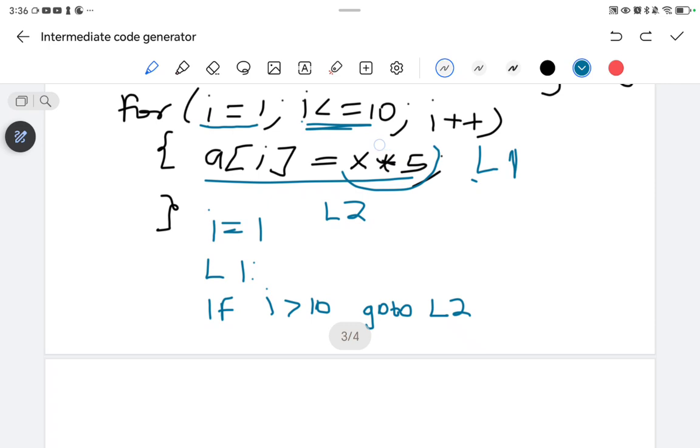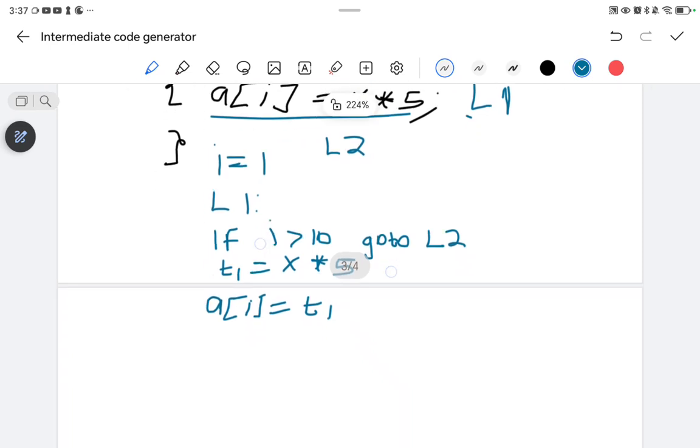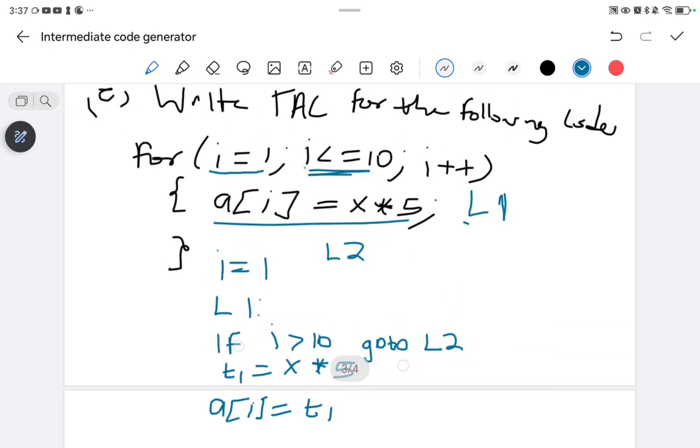Remember, according to three address code, we're going to let that be T1. So T1 will be equal to X star 5. And then we take our A[I] and assign T1 to it. After computing this, the compiler will go back to increment.